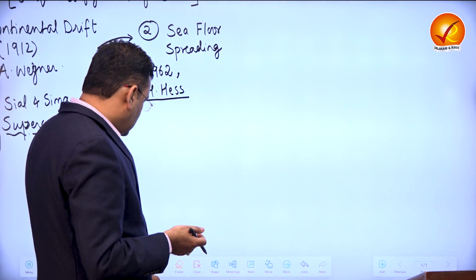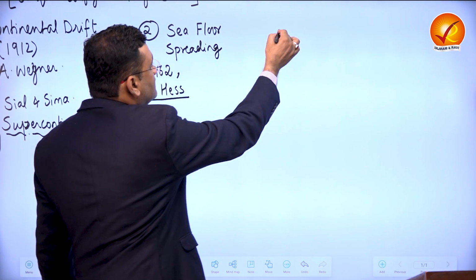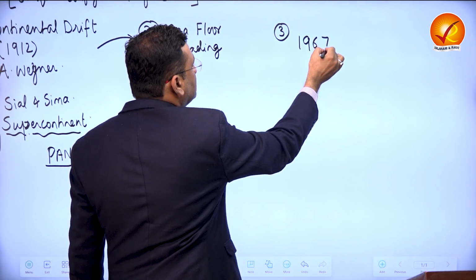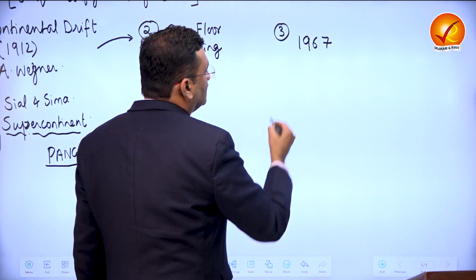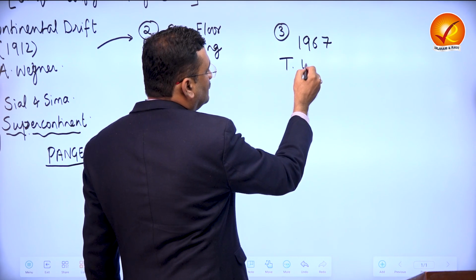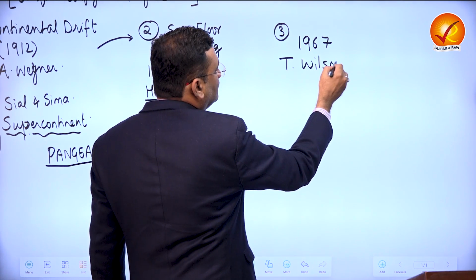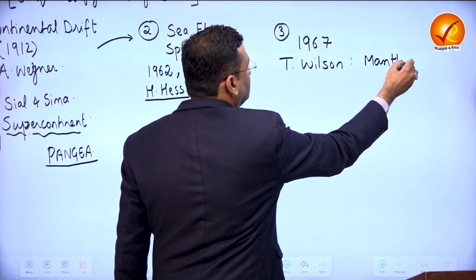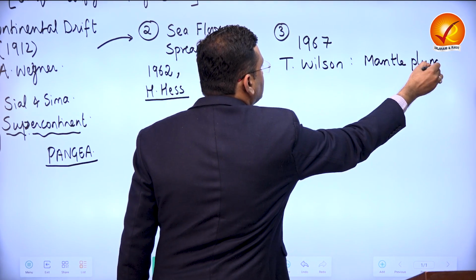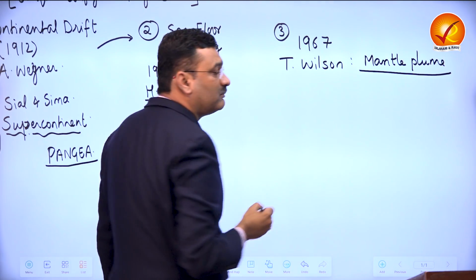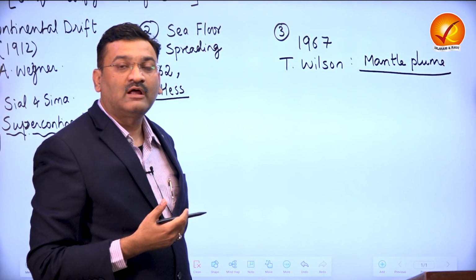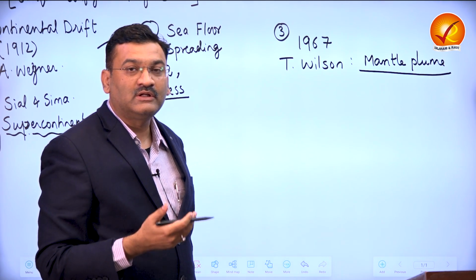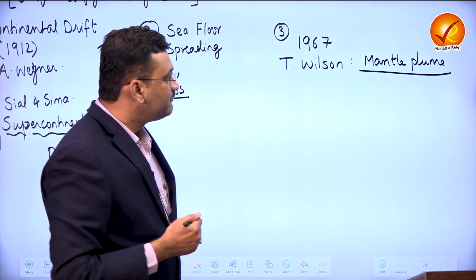So later on, in 1967, the geologist Tuzo Wilson gave the concept of mantle plume. So what is a mantle plume? This is a rising thermal convective current from the interior of the earth, particularly the mantle layer of the earth.